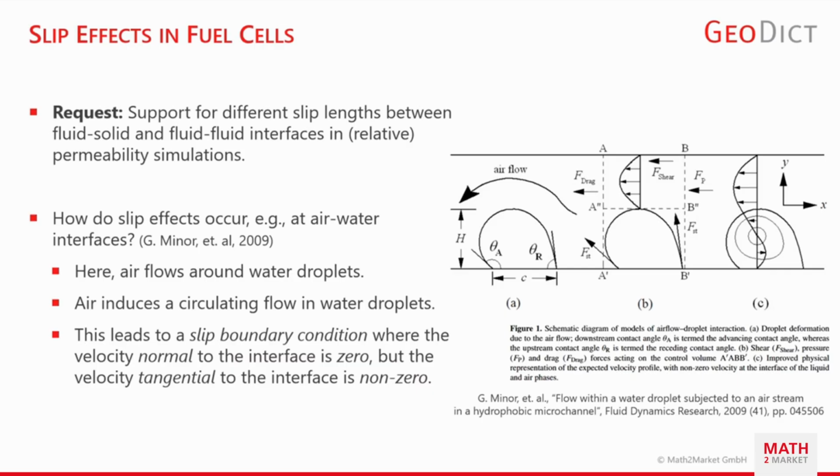But what happens if the airflow is fast enough, you get a circulating flow in the water droplet. On the right part of the image, you see a circulating flow inside the droplet, and this leads to a slip flow boundary condition at the interface between air and water.